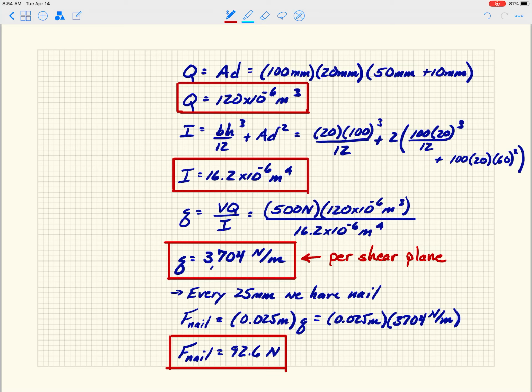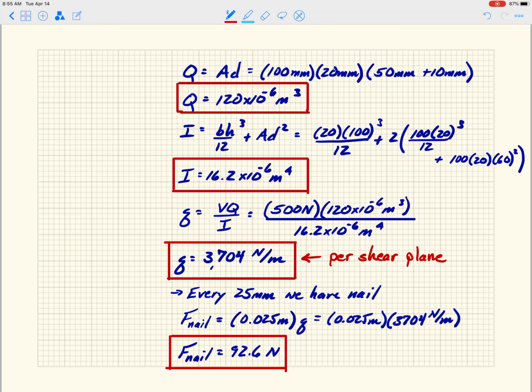Again, shear, whether it's positive or negative, the nail is going to behave the same, right? You could argue that Q should be negative because that D distance is downward, but as far as I'm concerned, you can always take D as positive, and that will still give you the proper Q. Okay, so that's our force per nail.